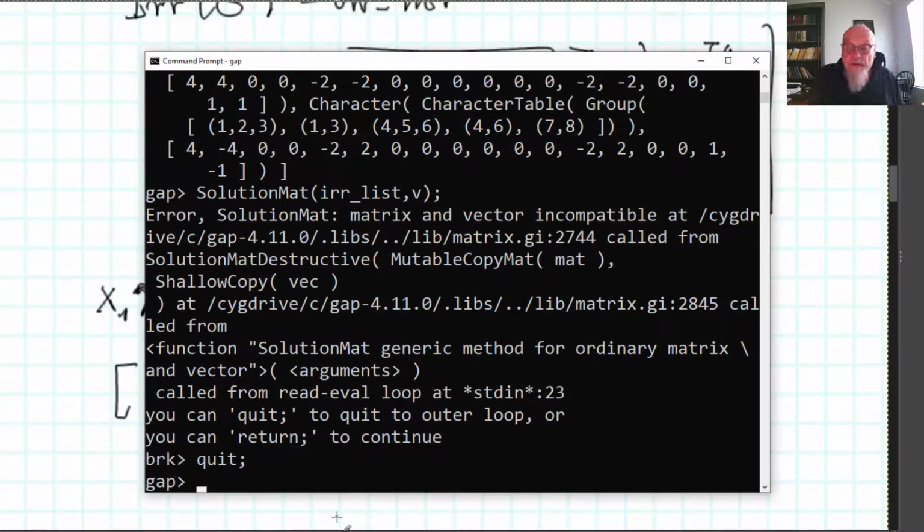Oh, it didn't work. I'm sorry, it worked before. This is a new version. It doesn't work now.